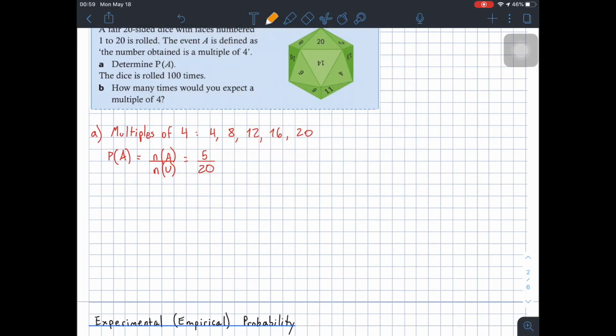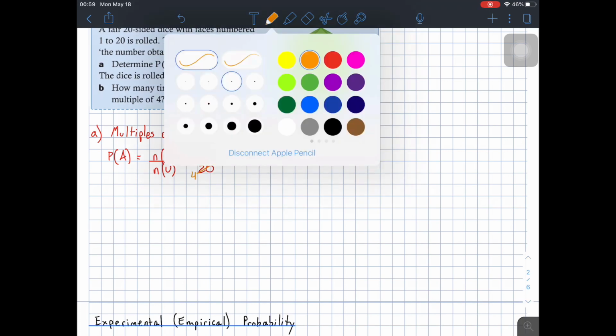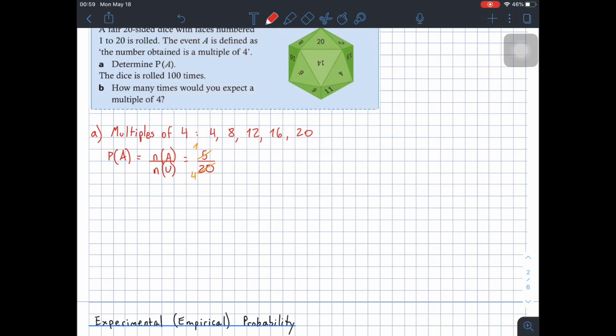And we can simplify this to 1/4. So the probability of event A occurring is 1/4, which you could also write as 0.25, or as 25%. Any of these answers would be correct.